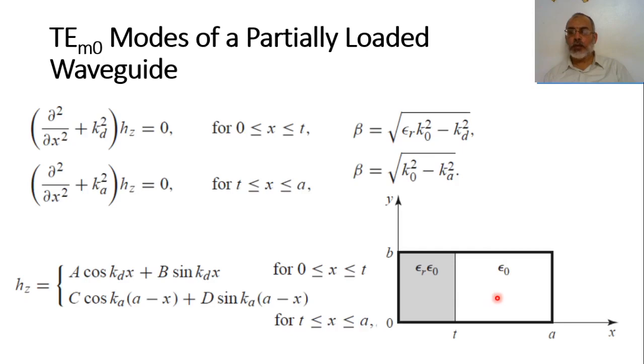This means that the propagation constant in the air bar should be the same as the propagation constant in the dielectric bar, such that the phase in both layers is continuous. This means that we have a coefficient kd squared for the dielectric part, which corresponds to epsilon r k naught squared minus beta squared, and ka squared in the air part, which corresponds to k naught squared minus beta squared.